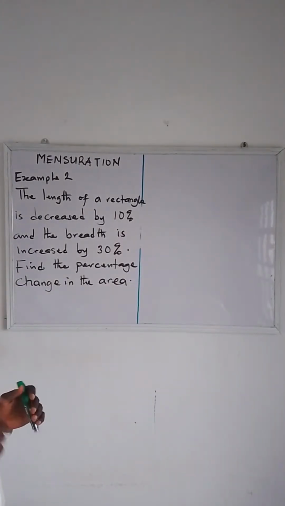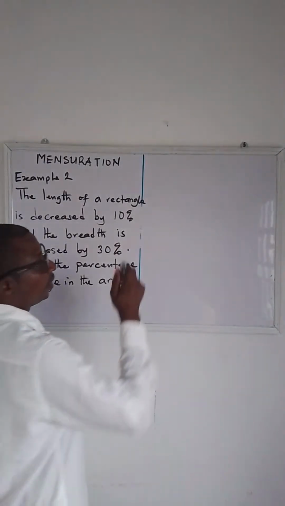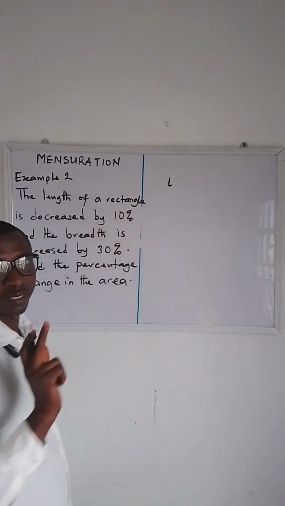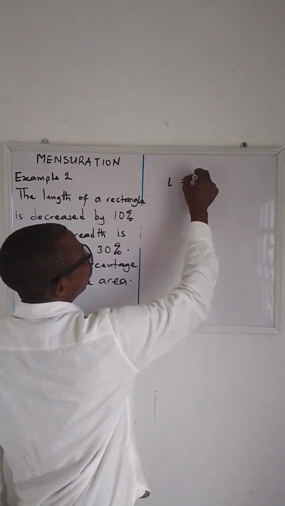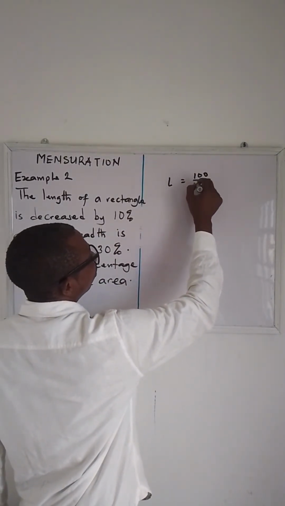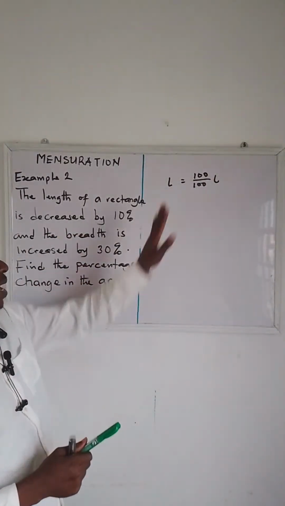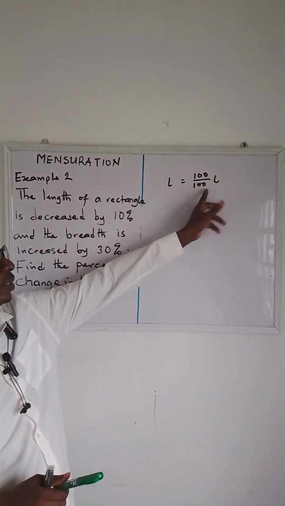Okay, so the first thing I want you to know: if I say L is 100%, that means L equals 100 over 100 L. So L is equal to L, because 100 divided by 100 will give you 1.